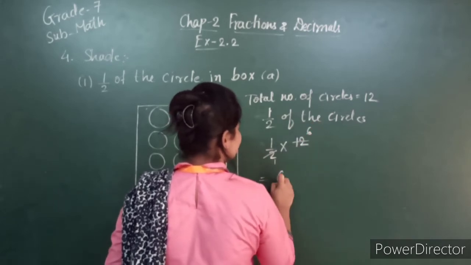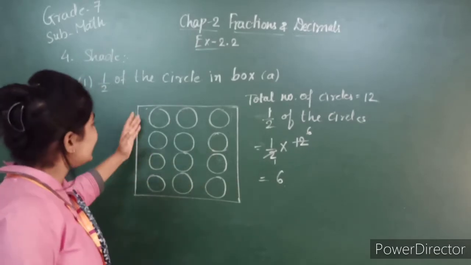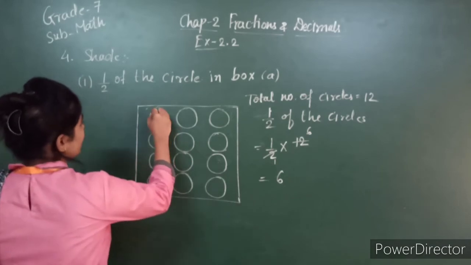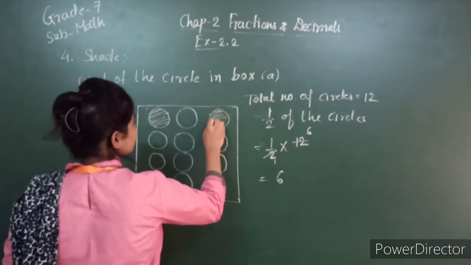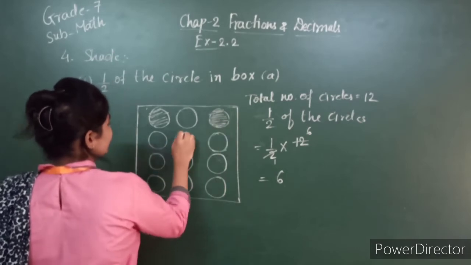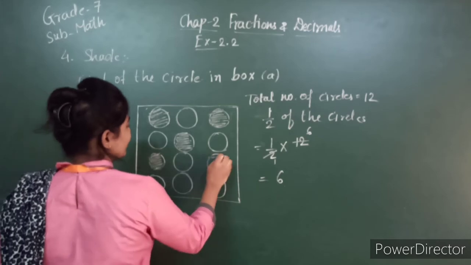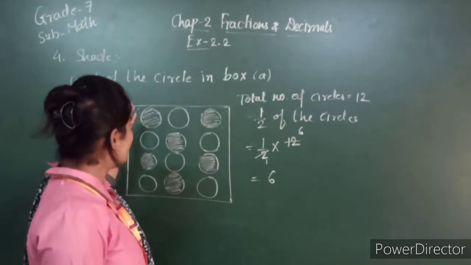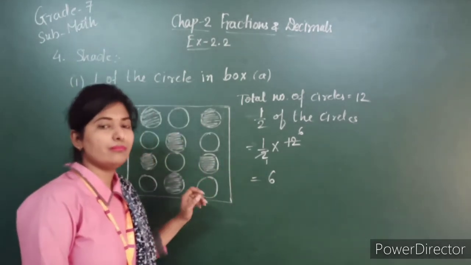So our answer is 6. Here we have to shade 6 circles. You can shade any 6 in this box. 1, 2, this 3, 4, 5 and this 6. You can shade any 6 circles in the given box.